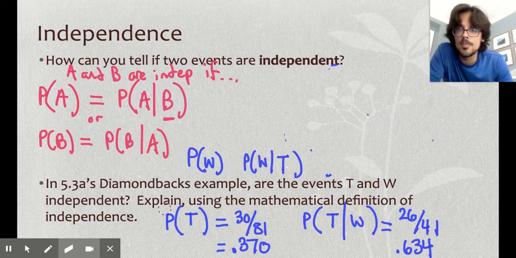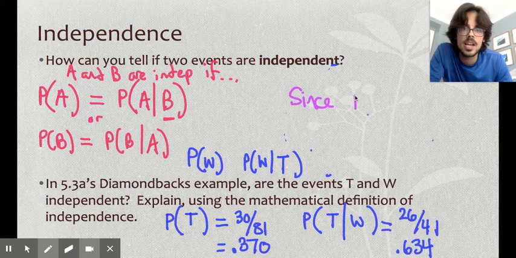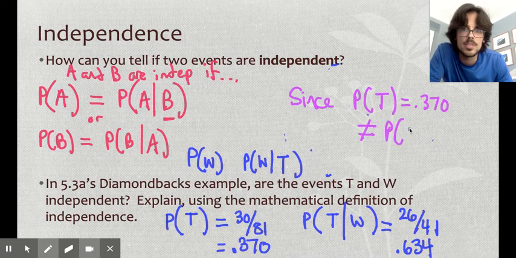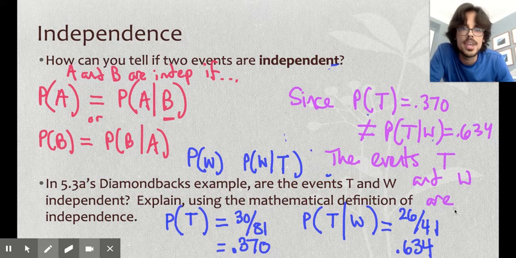I'm going to say something to the effect of, since the probability of tacos, which is 37%, does not equal the probability of tacos given wins, which was 63%, the events T and W are not independent.